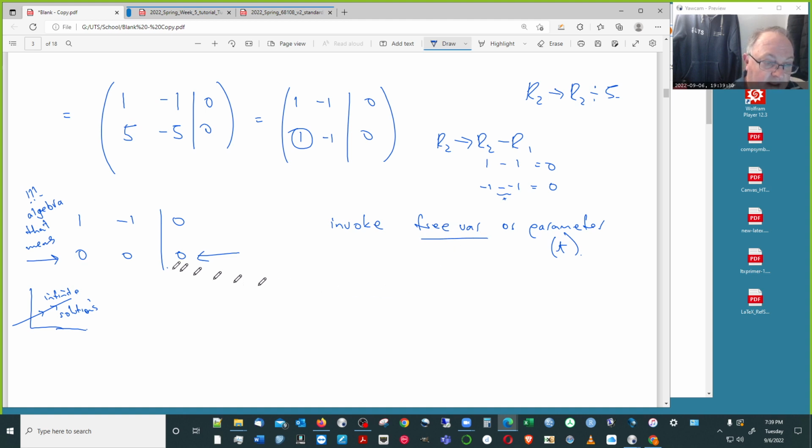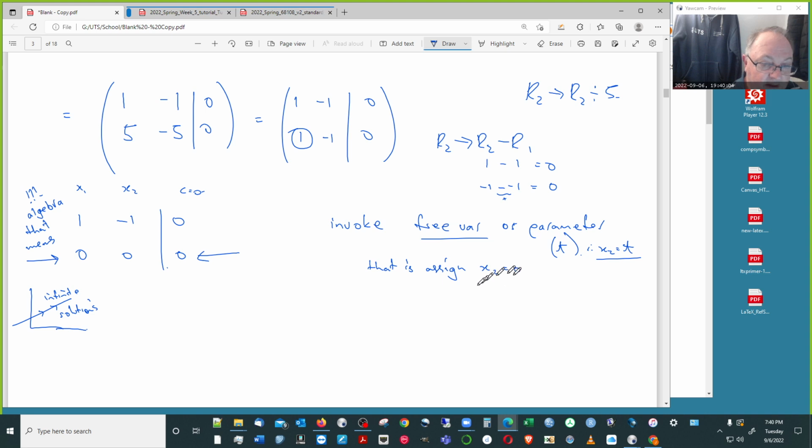So if these were x1, x2 columns and constant columns there, and the constant happens to be 0, then what I can do is invoke the free variable, that is, assign x2. For the parameter version, I would say x2 is equal to t, and my algebra answers would have a t in there.